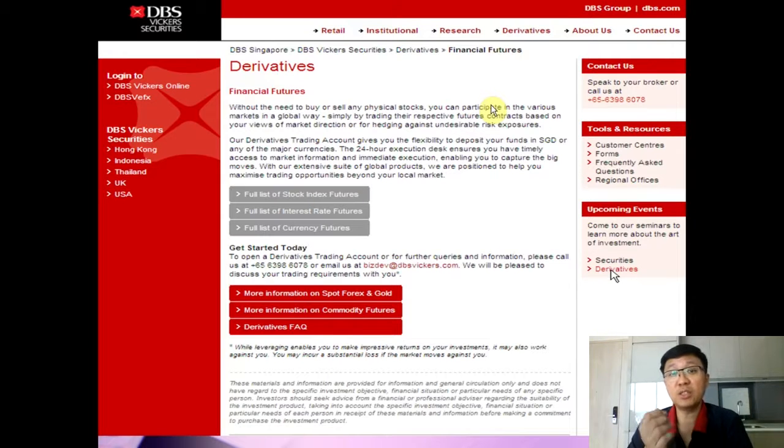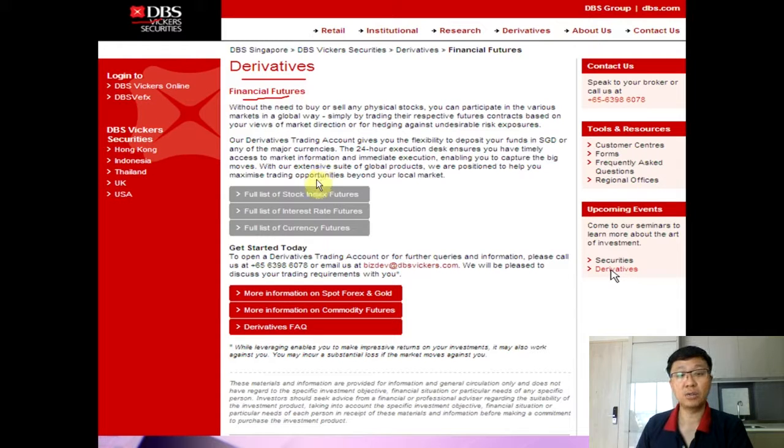It's not just on the SGX website. You can actually purchase a futures derivative even in local banks, like DBS, Vickers Securities. On the DBS website, you can also find lots of information about derivatives, about trading on the financial futures.